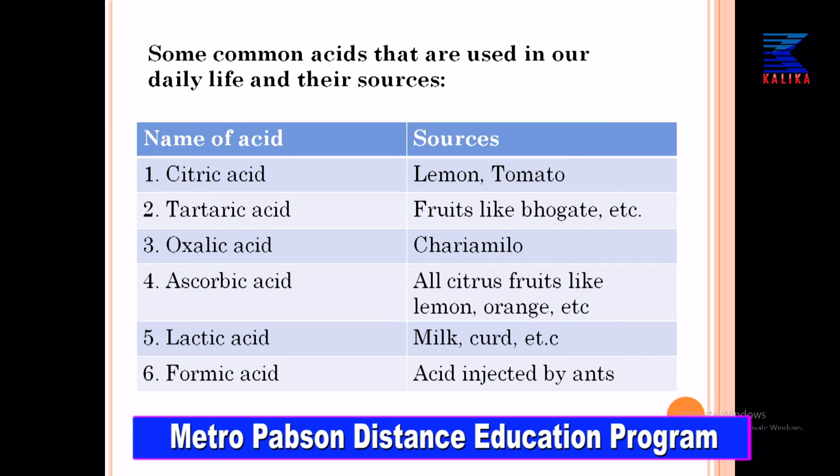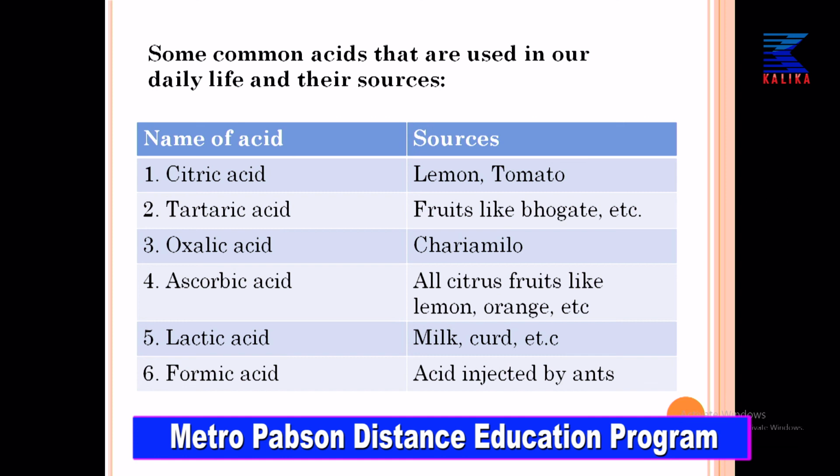Similarly, oxalic acid can be extracted from cherry amilo, its Nepalese name, which is widely used in Ayurvedic medicine. Ascorbic acid is used to enhance the sourness of food, and it is obtained from citrus fruit like lemon and orange.